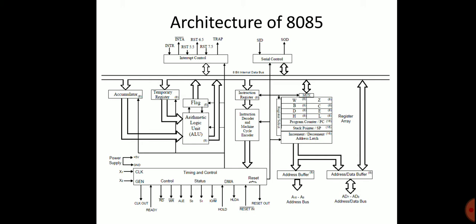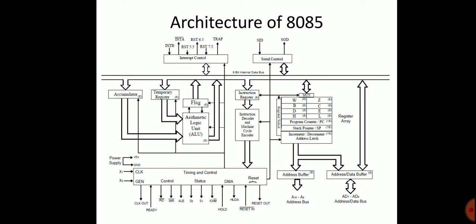The special function registers are the flag register, which can be divided into the sign flag, zero flag, auxiliary carry flag and carry flag, and the instruction register, and also the program counter and stack pointer.